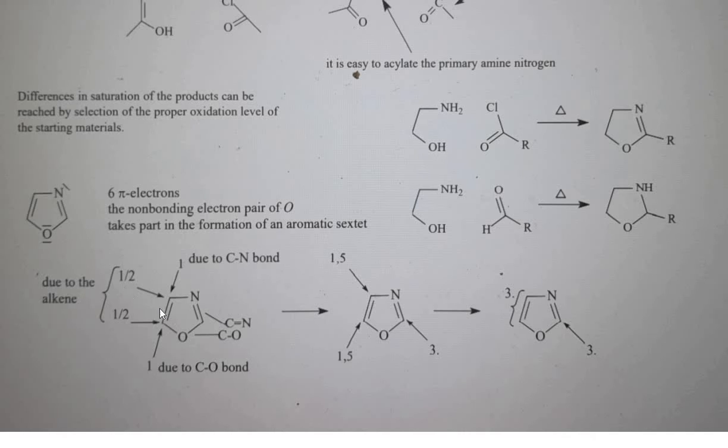This is due to an alkene here, due to the carbon-nitrogen bond, this one, and one due to the carbon-oxygen bond. Here carbon-nitrogen Schiff base, here carbon-oxygen. So look here: 1/5, 1/5, and this is the 3. And this 3, this one.